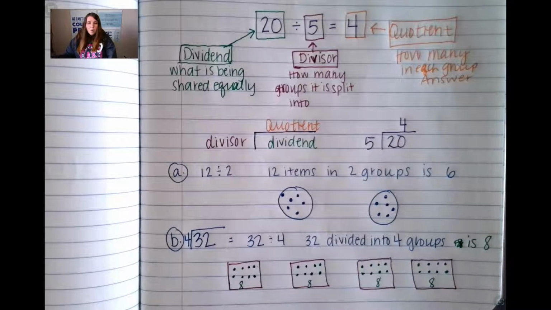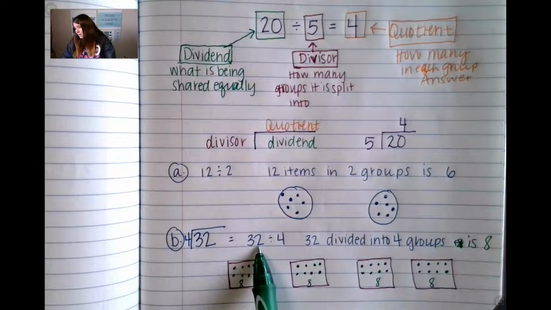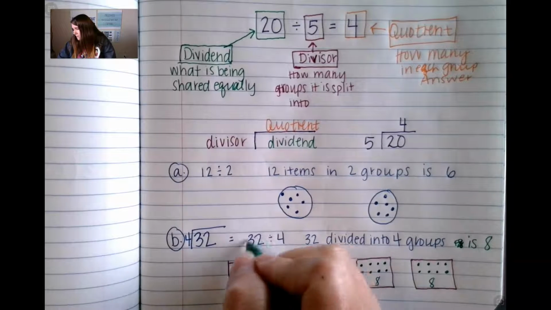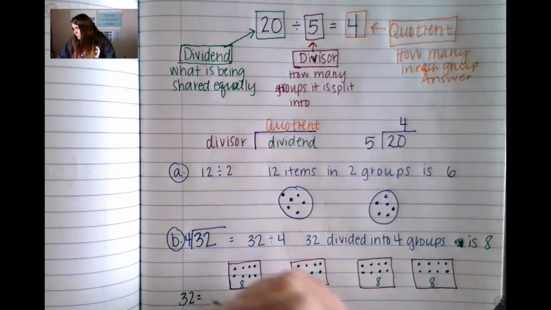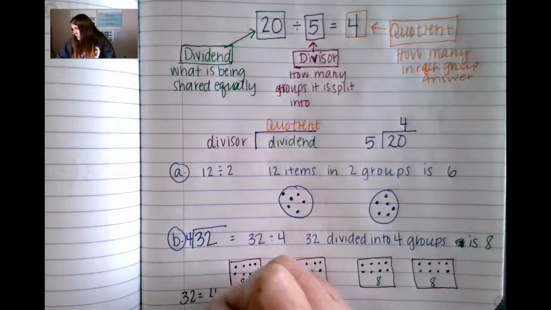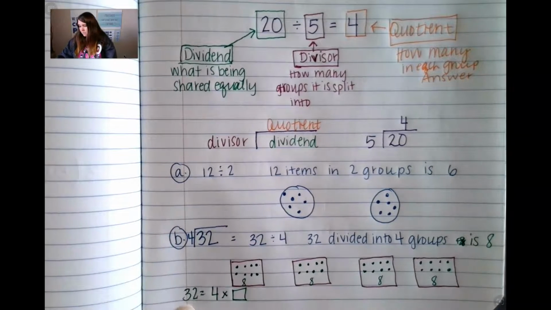If I know that the reverse of division is multiplication, I could have just looked at this and said, well, if I want this to equal 32, 4 times what gives me 32?